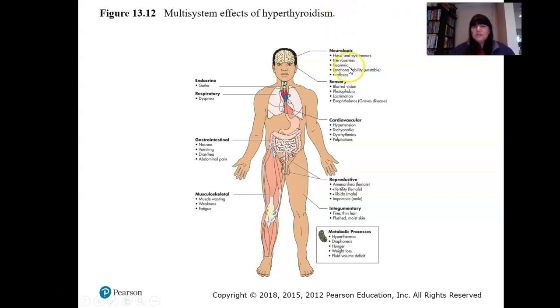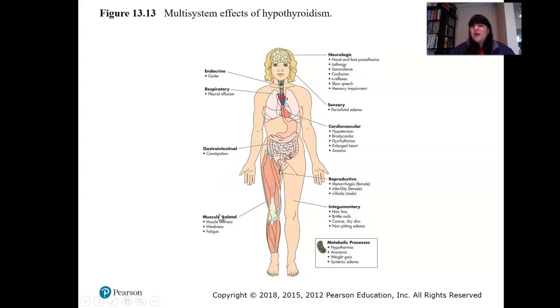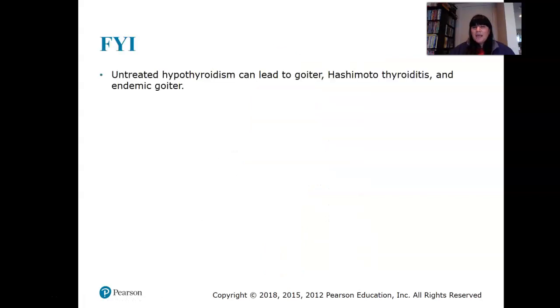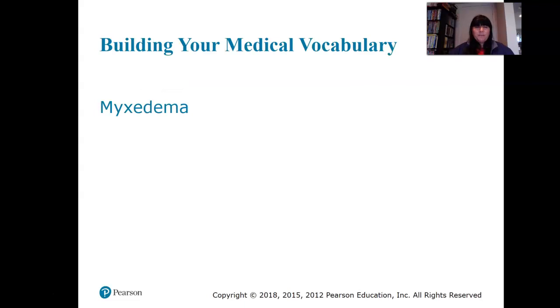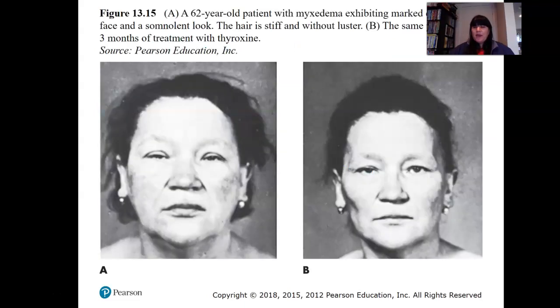Hand-eye tremors, nervousness, insomnia, emotional instability, reflexes, muscle wasting, weakness, fatigue. Hypothyroidism, if the thyroid hormones are too low, again, the issues that they would cause. Untreated hypothyroidism can lead to goiter, Hashimoto thyroiditis, and endemic goiter. Goiter is where the thyroid gland gets really big.